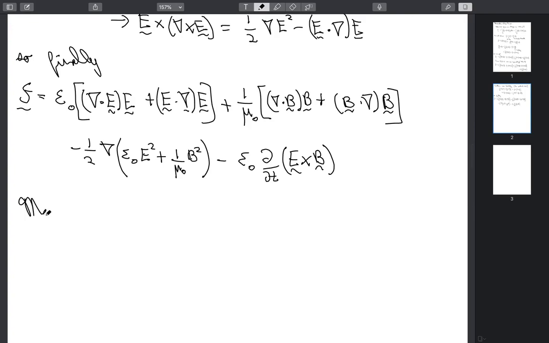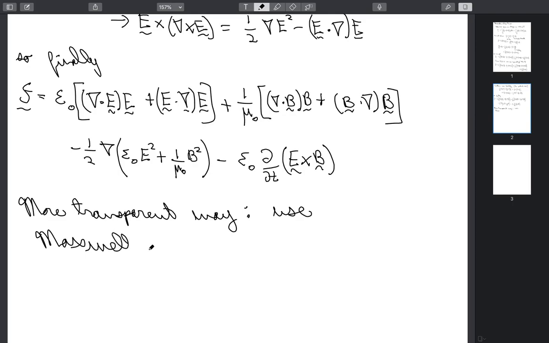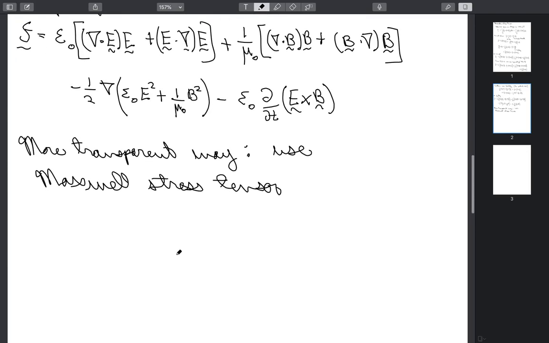So a much more transparent way of writing this identity is obtained if we use an object called the Maxwell stress tensor. Okay, and this is defined as follows. It's a tensor, it has two indices, ij taking values x, y, z.